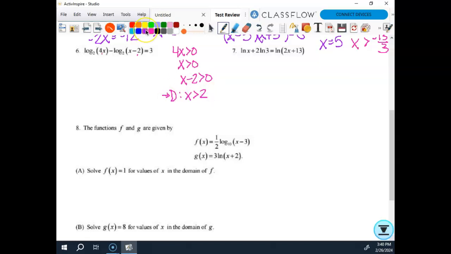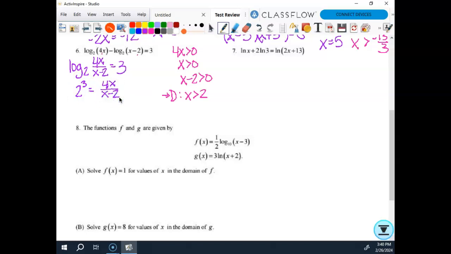All right. So now I can condense these. Log base 2 of 4x over x minus 2 equals 3. I do not get to drop logs here because I don't have a log on each side like I had on some of the others. Here I'm going to rewrite this. 2 to the 3rd power equals 4x over x minus 2.